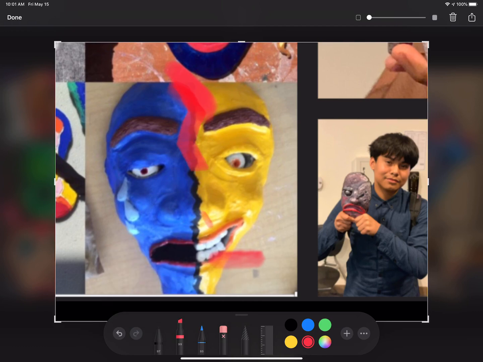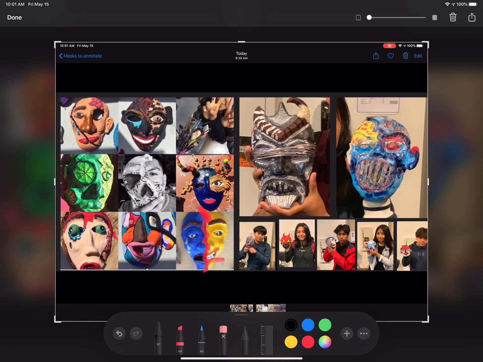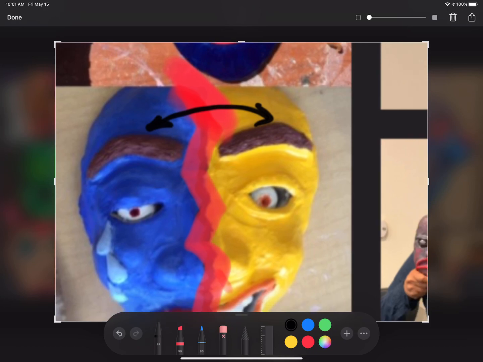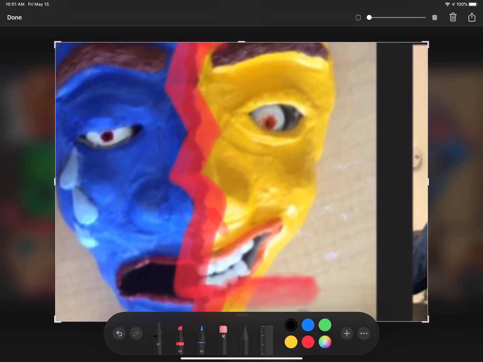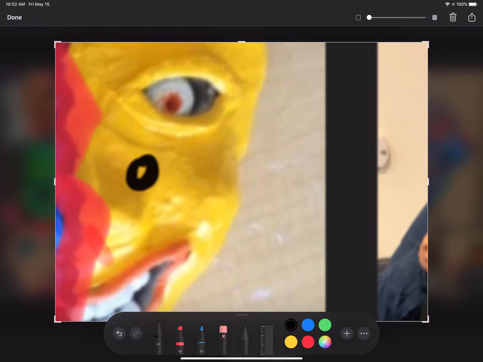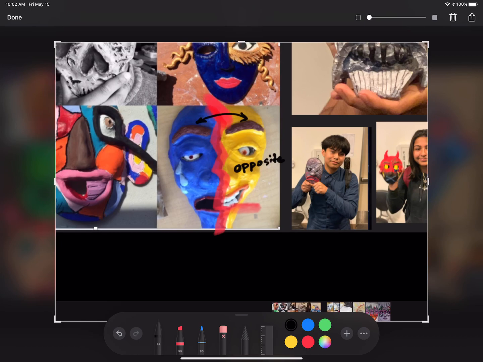Right here, zigzag down the middle, right? We have two opposites happening right here, okay? We have a warm color versus a cool color. So by using opposite colors, you are creating visual opposition, right?